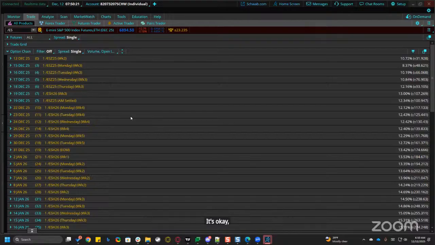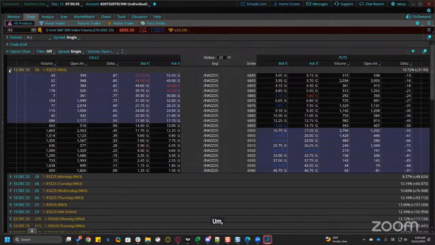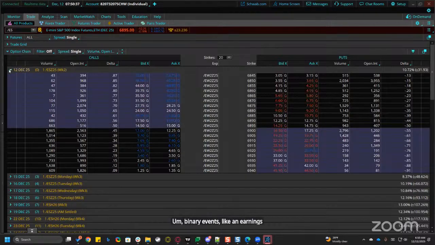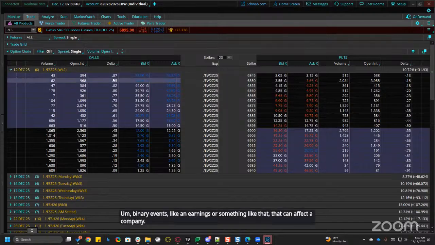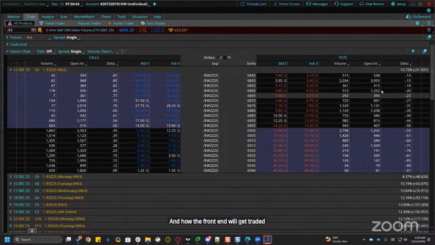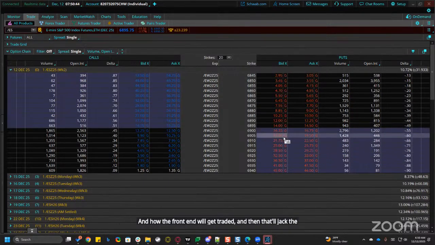It covers some stuff, but they don't mention futures even once. They do explain what it is, and they connect it to binary events like an earnings or something like that that can affect a company, and how the front end will get traded, and that'll jack the implied vol up.